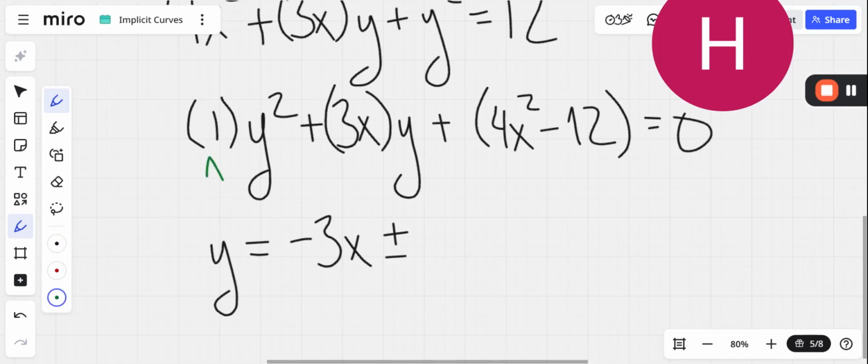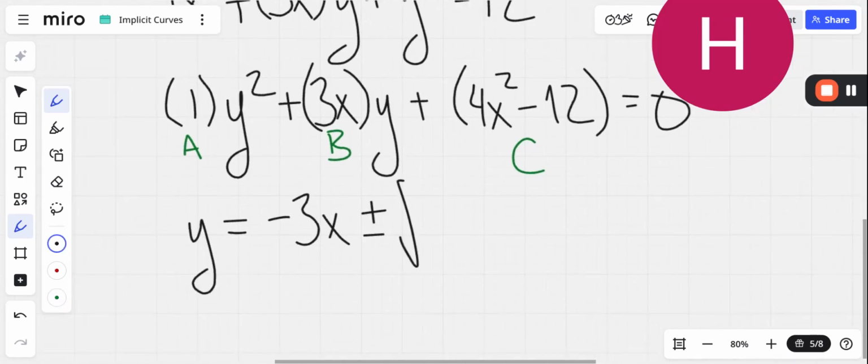You see, this is the a and c, which would normally be our coefficients on the x squared and x and the constant term. But again, because we're using y as our variable here, we're treating anything in front of it as the coefficient. So negative 3x plus or minus the square root of 3x all squared, not just 3x squared, 3x times 3x.